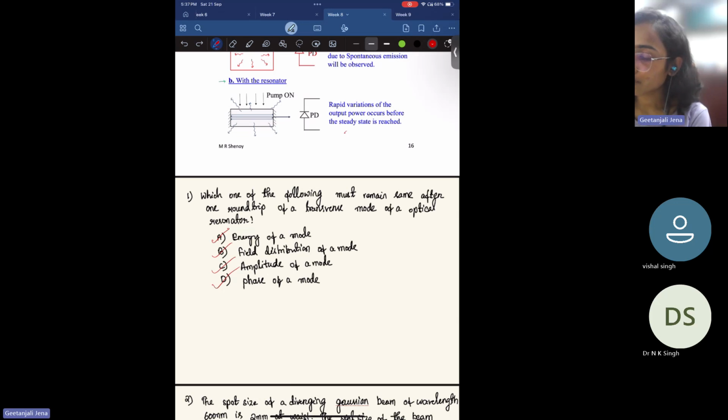So if you recall, whenever the laser propagates, it oscillates back and forth between these two mirrors. Then the amplitude will vary with respect to z. And after one round trip, what will remain same? Only the field distribution of a mode will remain same after one round.